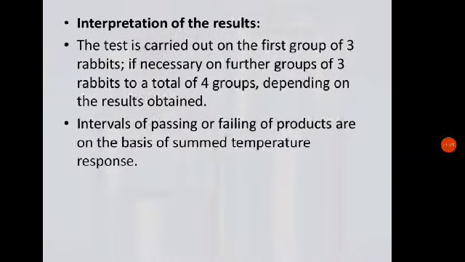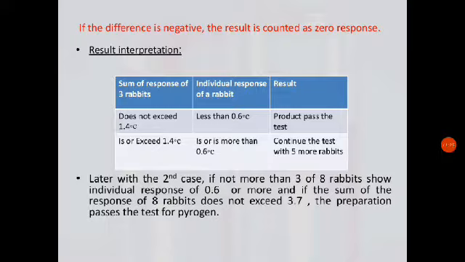So the interpretation is that no rabbit should have a rise in body temperature greater than 0.6, and the sum of the temperature rises should not exceed 1.4 degrees centigrade. Then it passes the test.